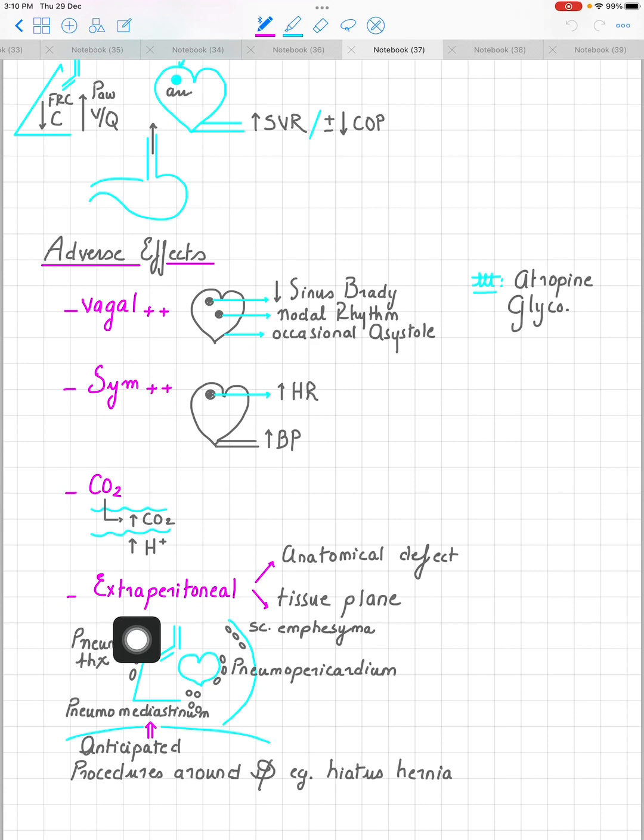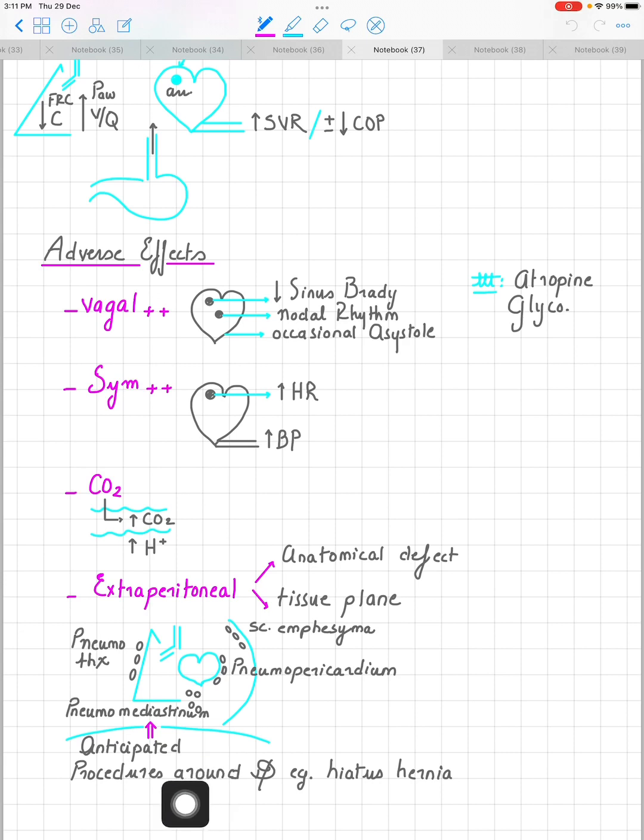Extraperitoneal gas insufflation may occur through a misplaced trocar or insufflation needle, via an anatomical defect, for example between the pleura and the peritoneum, or when gas under pressure within the abdomen dissects through the tissue planes. This may result in subcutaneous emphysema, pneumomediastinum, pneumopericardium, or pneumothorax.